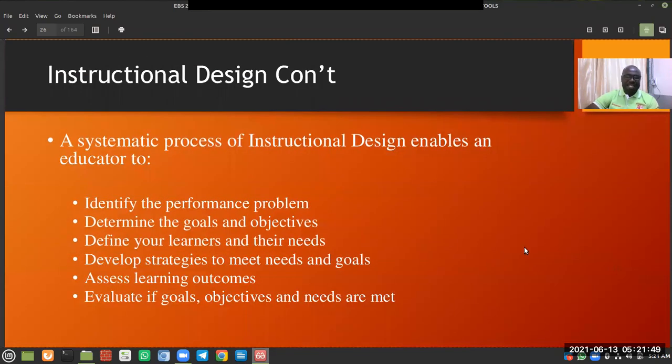We have learned that instructional design is a systematic process.